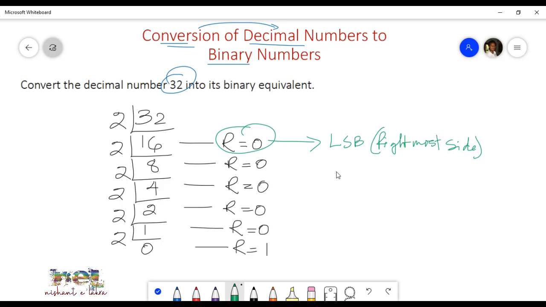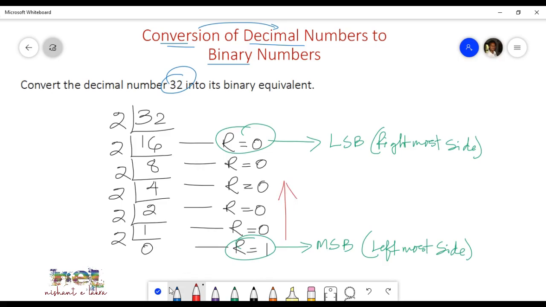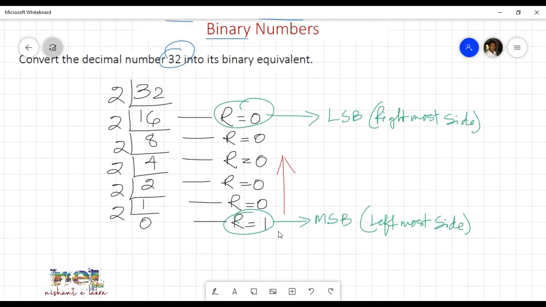The full form of LSB is least significant bit. And the last digit that we found, that is remainder 1, is termed as MSB, which will be the digit on the leftmost side. Now the full form of MSB is what? I hope you remember it. It's the most significant bit.